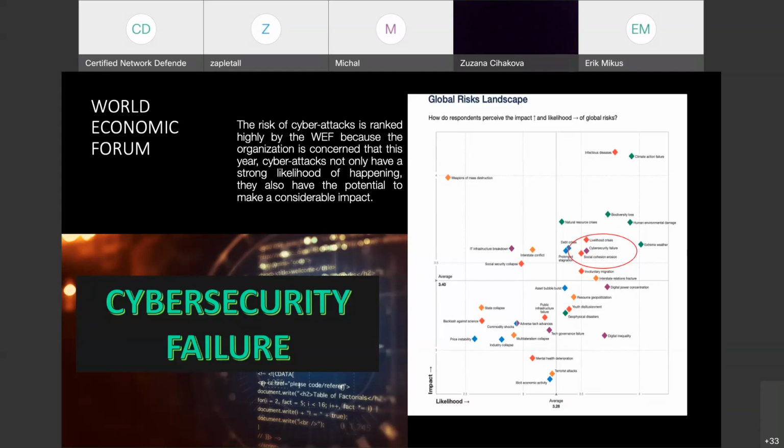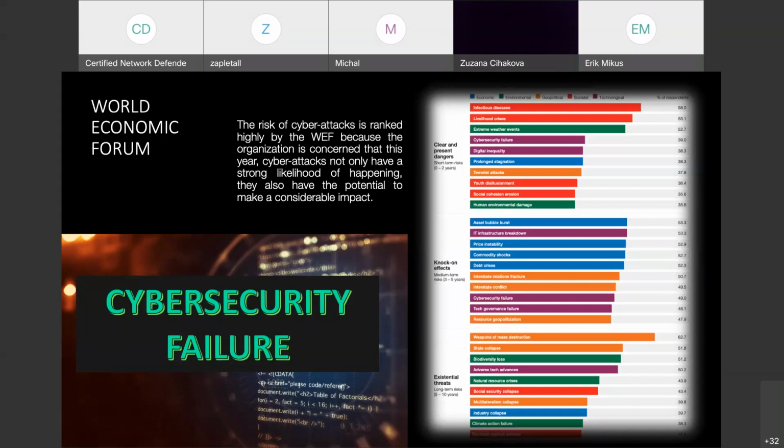As you can see from that risk report, the only things which are higher than cybersecurity are natural factors, climate change, etc., and obviously the infectious diseases, which we're all a little bit bored of hearing about at the moment. But because of this transition to cybersecurity failure, we're seeing both short-term, mid-term, and long-term impact of cyber attacks.